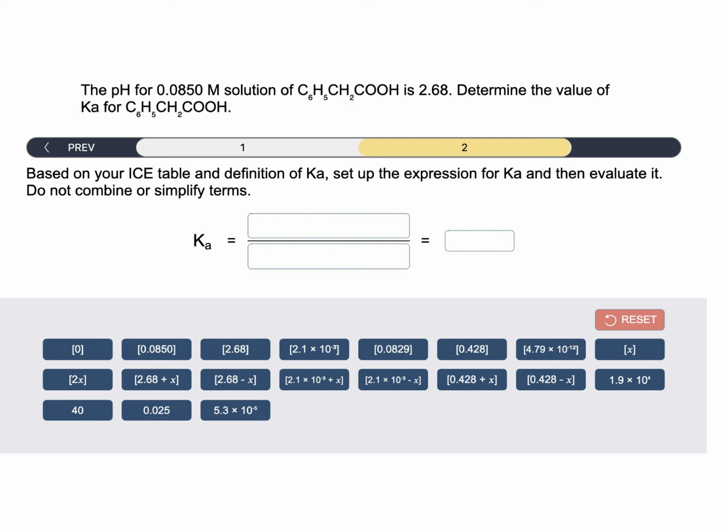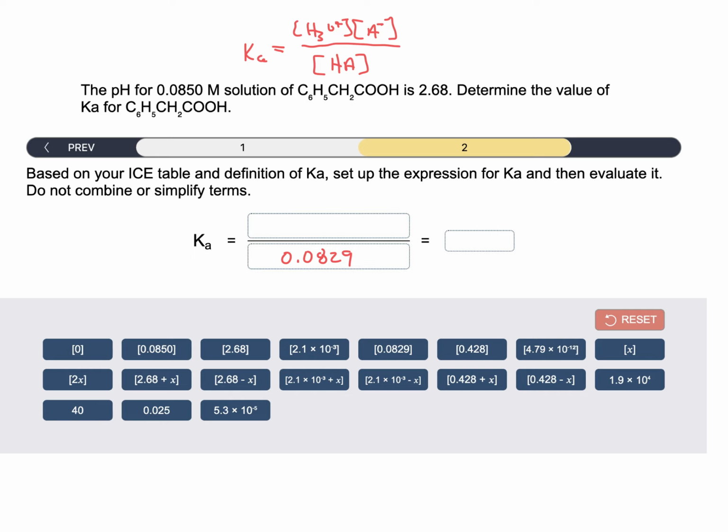So for the Ka, we know that the Ka is equal to the concentration of hydronium times the concentration of my conjugate base all over the equilibrium concentration of my acid. We know that equilibrium concentration was 0.0829, so that goes down there.